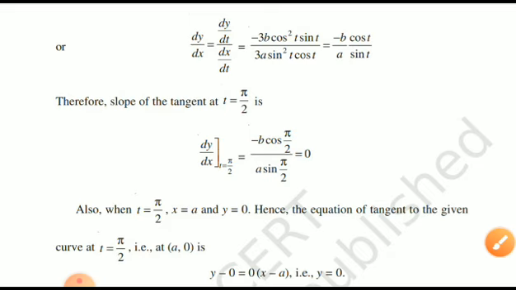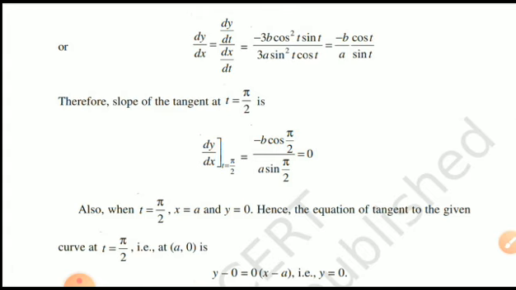So the equation of the tangent to the given curve at t equal to pi by 2 is at the point (a, 0). How do I get that (a, 0)? When t is pi by 2, what will be my values of x and y? That you have to find.